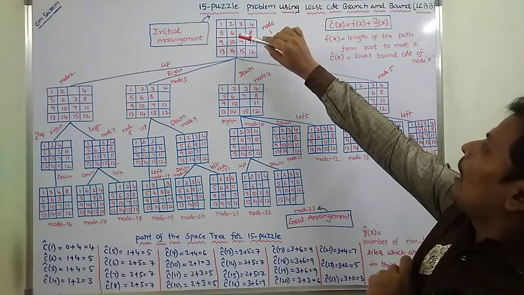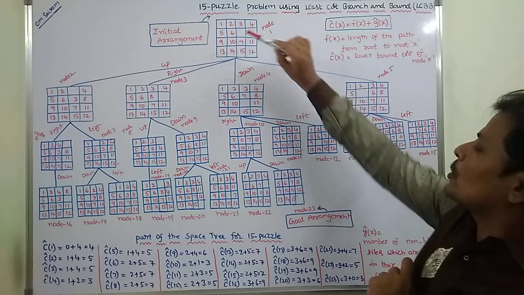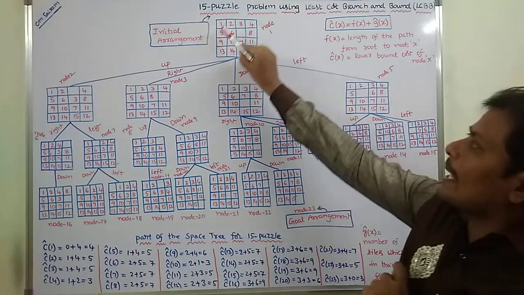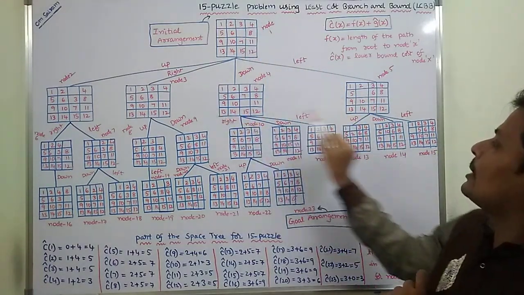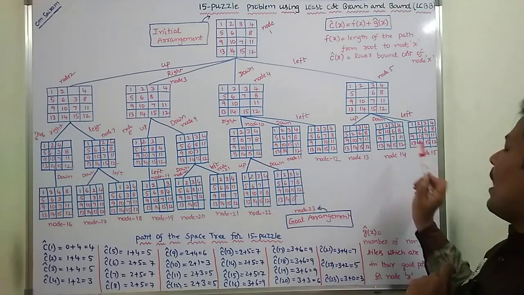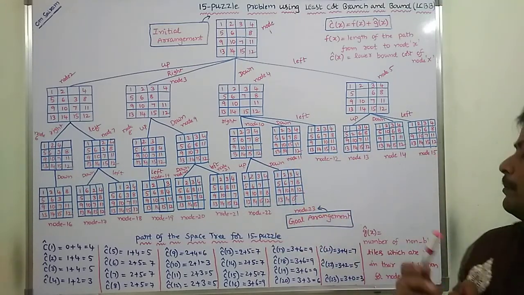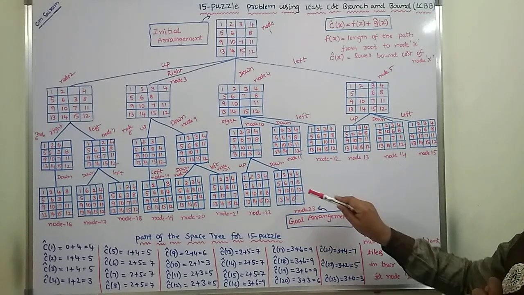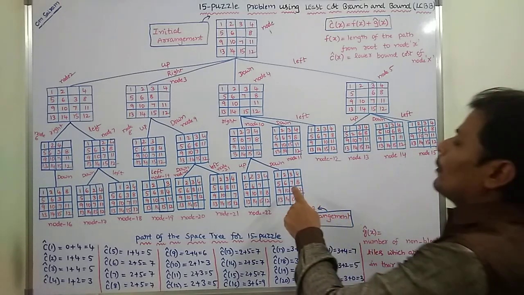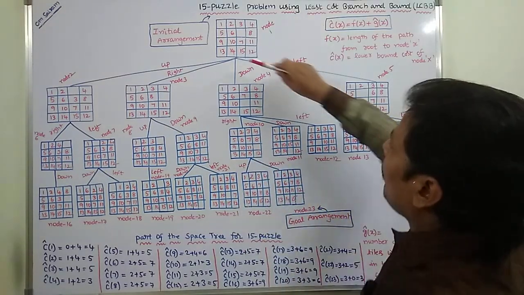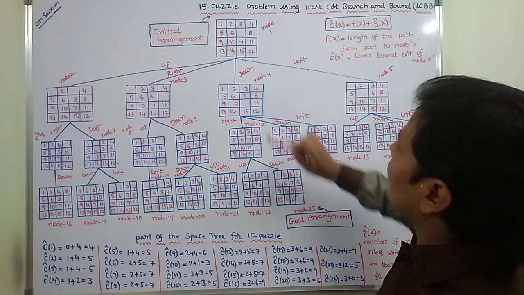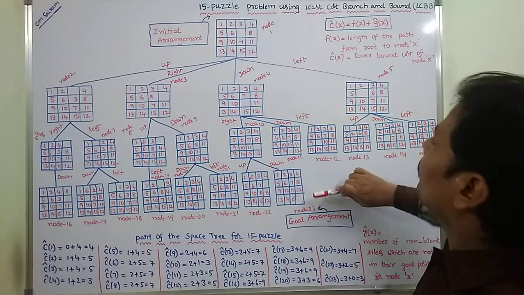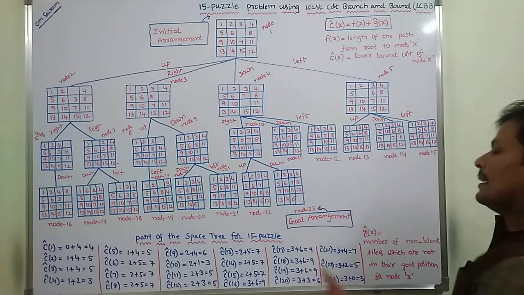What is the length of the path from the root node to this node? This is level 1, level 2, level 3, and this is level 4. So at level 4, there is 1 edge, second edge and third edge. 4 minus 1, that is 3.